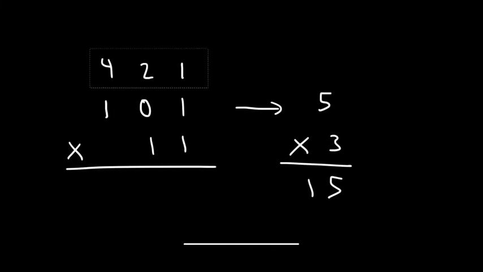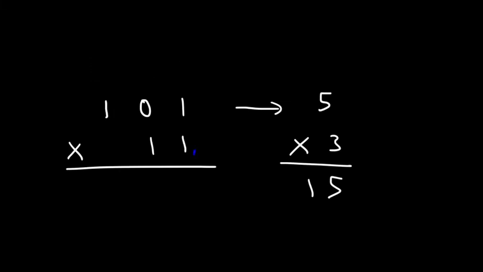This has column values of 1, 2, and 4, so 101 is basically 4 plus 1, which is 5. The binary number 11 is 2 plus 1, which is 3. So we will multiply 5 times 3, which equals 15. Let's see if we get that answer.